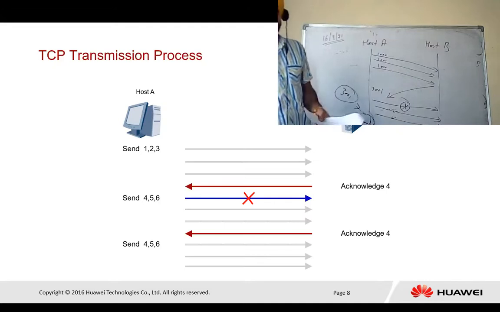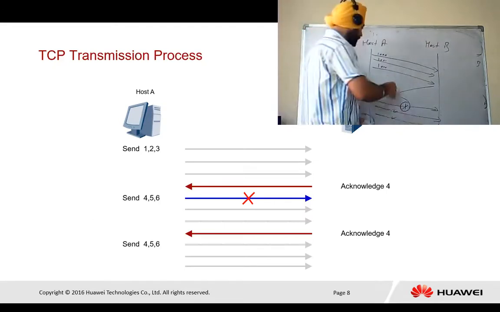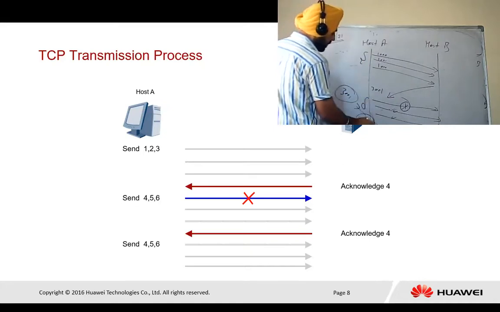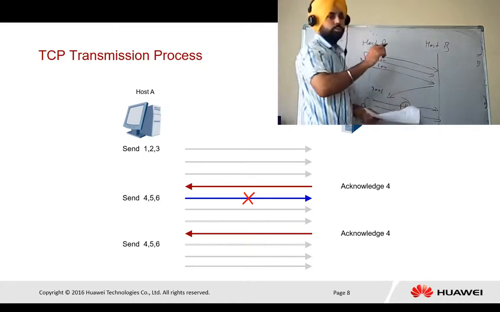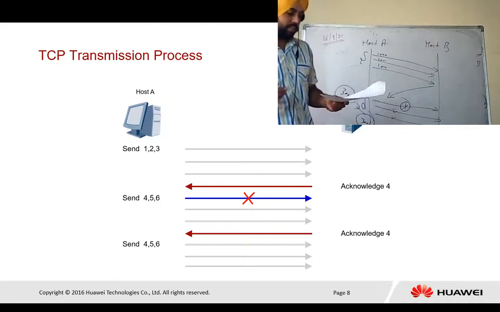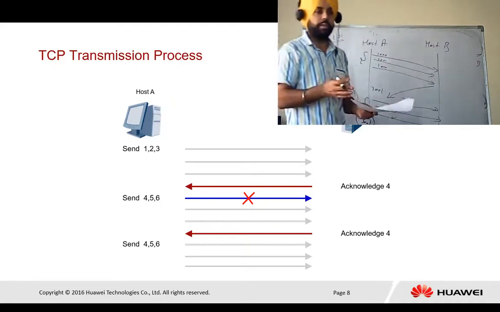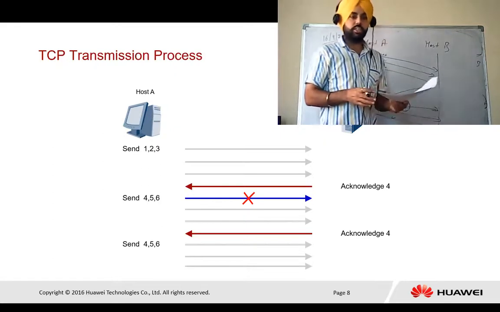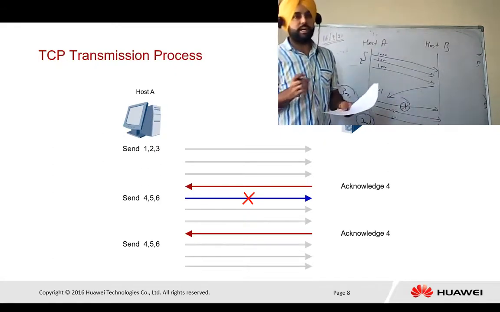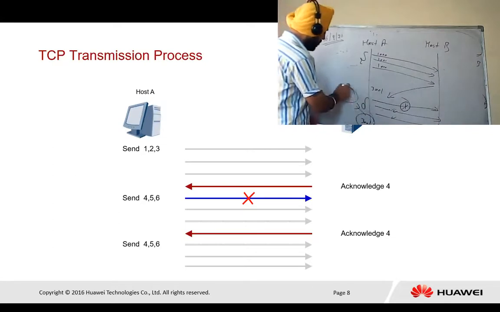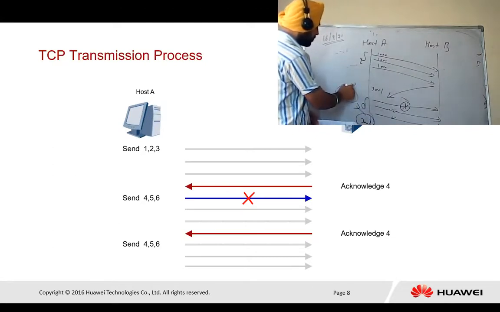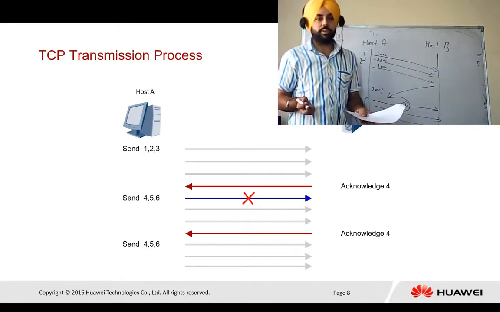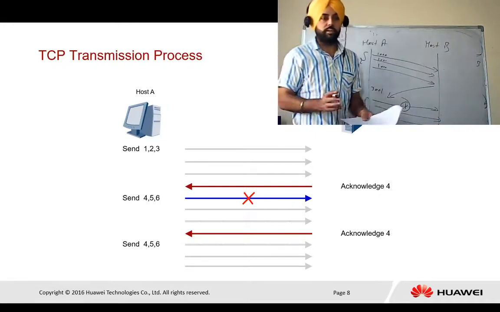So that is why host A will send 3 packets again to host B. If the packets are completely received by host B, then it will send a positive reply back. Otherwise, it will show only the previous acknowledgement.